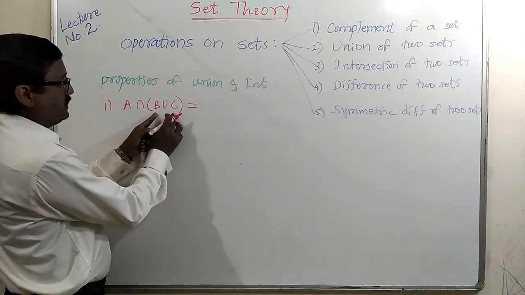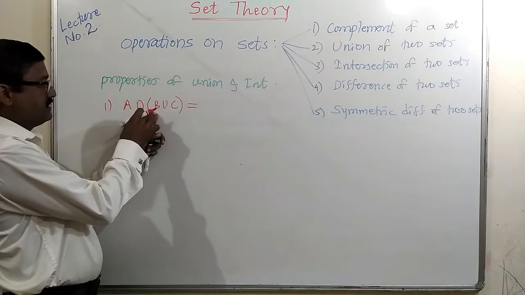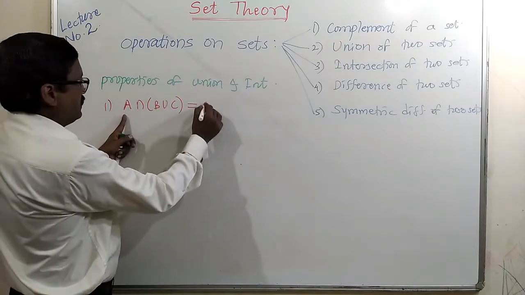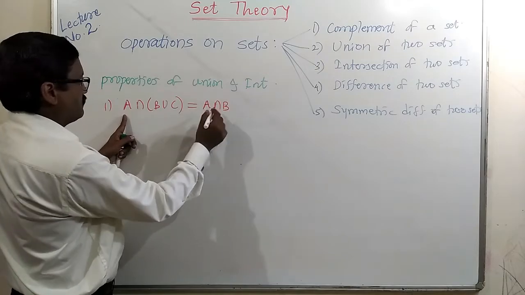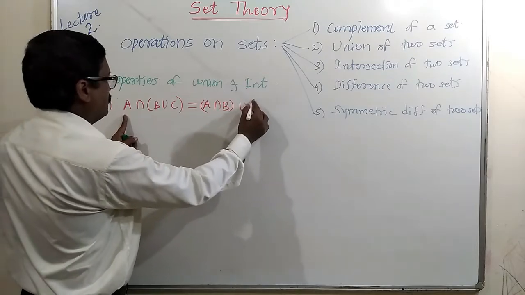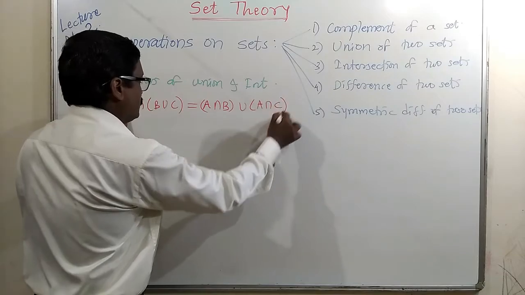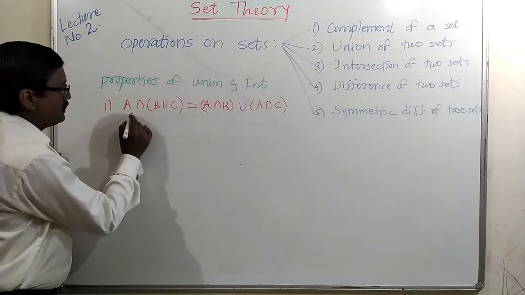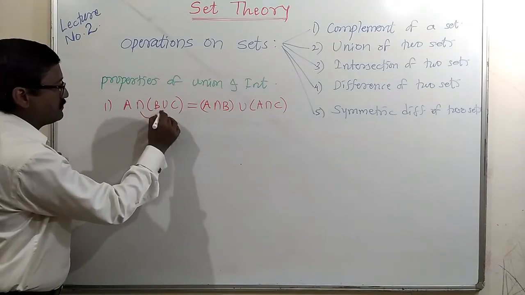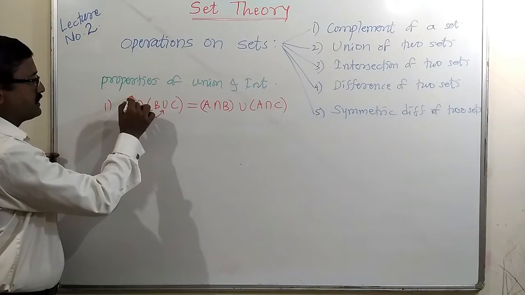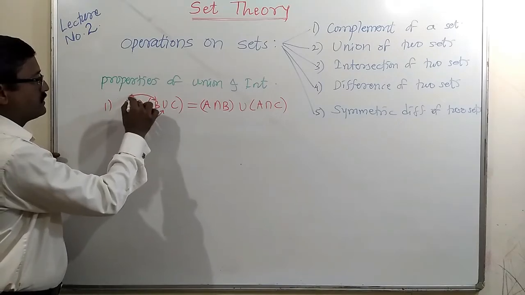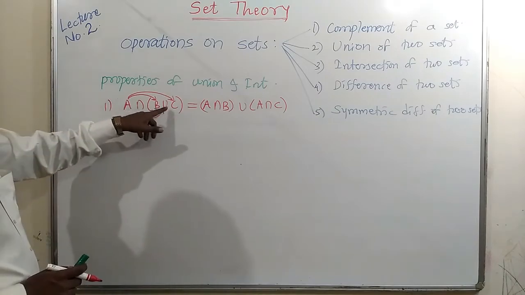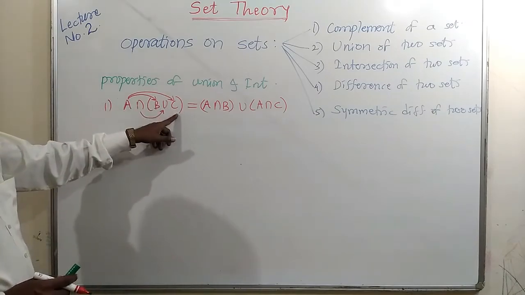Here, first union is given and after that its intersection is taken with set A. This is nothing but (A intersection B) union (A intersection C). Means here union is distributed over this intersection. Means A is taken with B and A is also taken with C. So A intersection B union A intersection C.